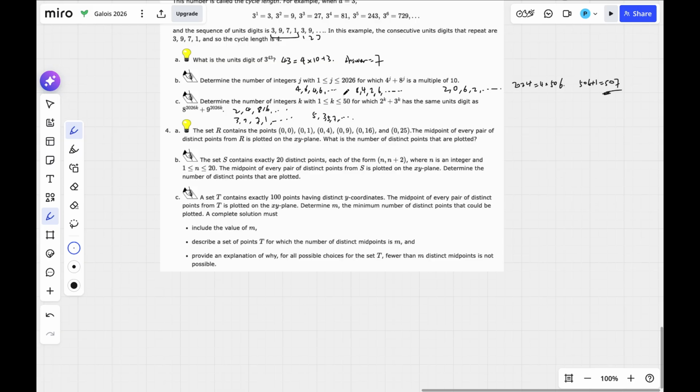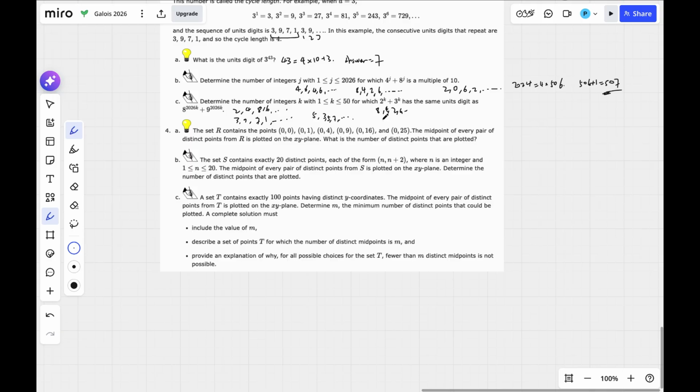So their sum has a pattern of 5, 3, 5, 7. Now we consider 8 to the power of 2026k and 9 to the power of 2026k. So if k is odd, then we have 2026k will be 2 more than a multiple of 4.